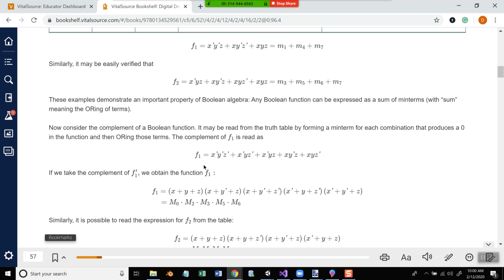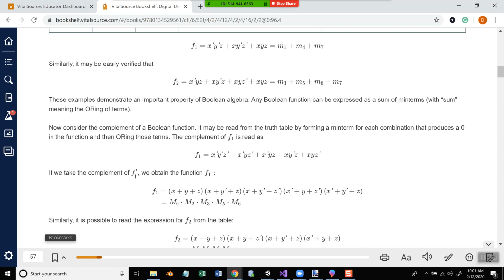When they say the complement of F1, there should be a prime on this F1. This is not F1. F1 is equal to this right up here. Does that make sense? Okay. If you got an ebook, then that's an error there. If you got the regular book, then it's correct in the regular book.